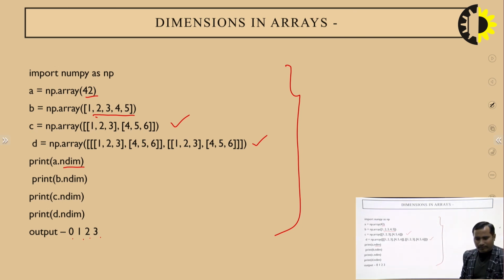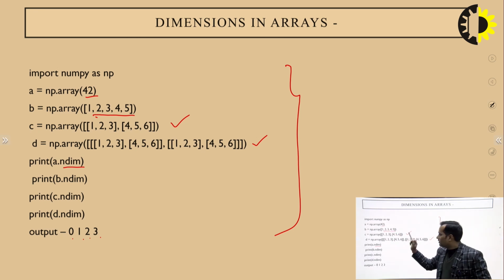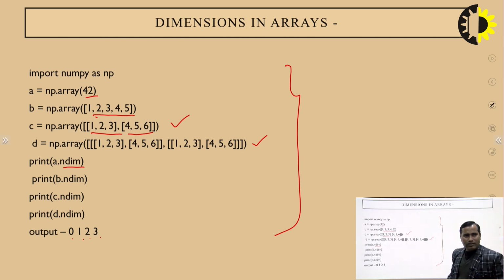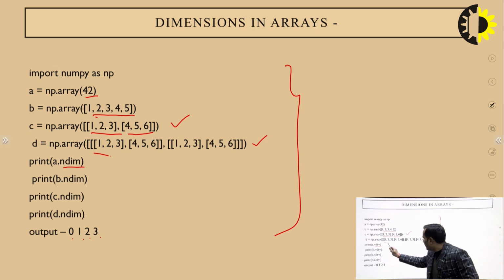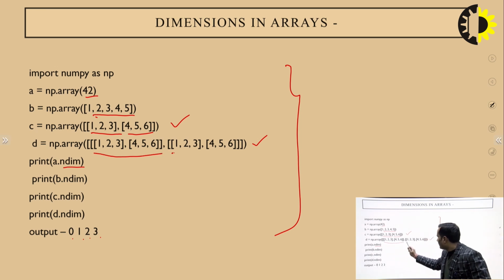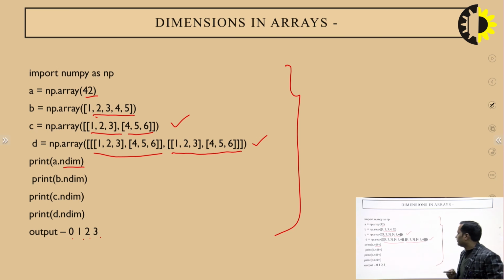Because this is a single, individual element, in this array the 0-dimensional array is used as an element, in this array we can see the 1-dimensional array is used as an element, and in this 3D array, this 2D array is used as an element.